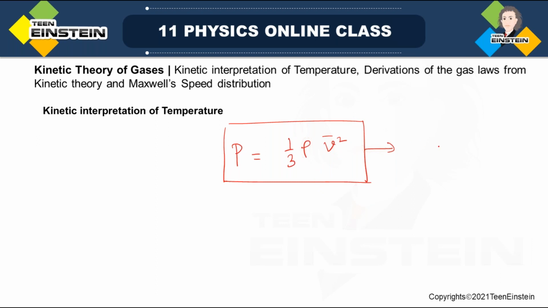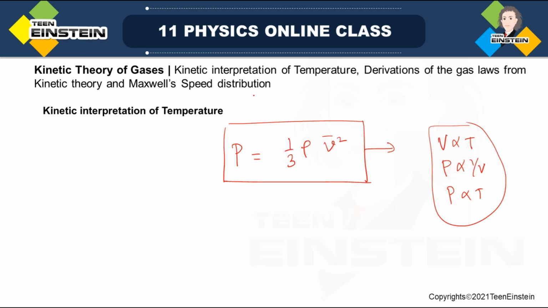I can find out all the laws like V proportional to T, P proportional to 1 by V, and P proportional to T. All those laws we have already discussed. I'll derive those things from this particular expression of pressure which I have got from kinetic theory of gas. And then we'll discuss the Maxwell speed distribution.